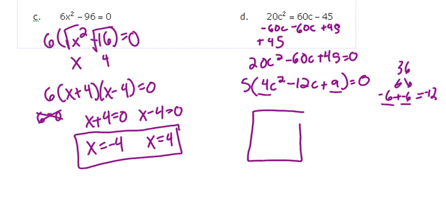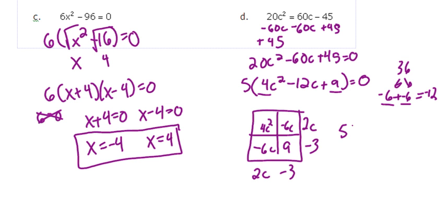So I make the box. I have 4c squared, negative 6c, negative 6c, and 9. Horizontally, I can take out a 2c and a negative 3. Vertically, I can take out a 2c and a negative 3.